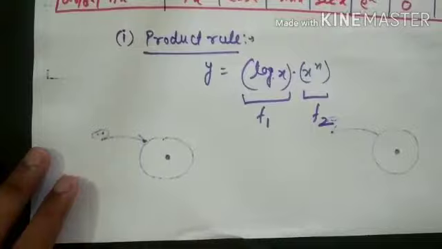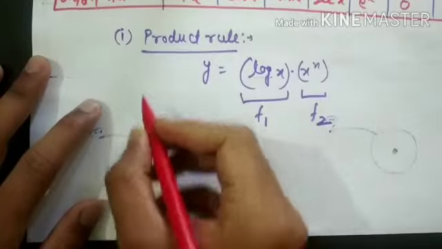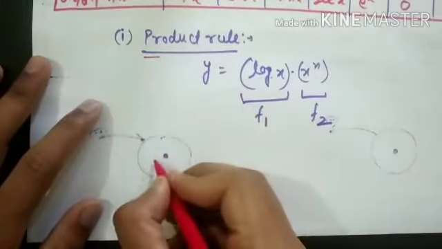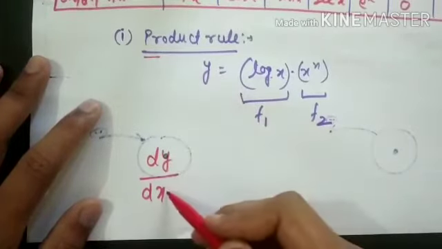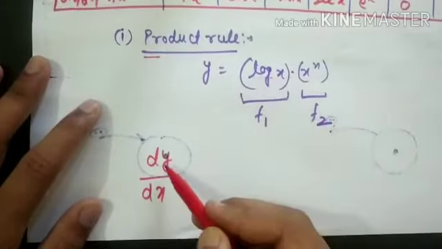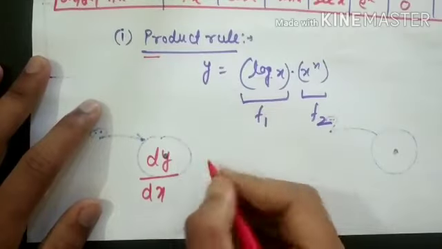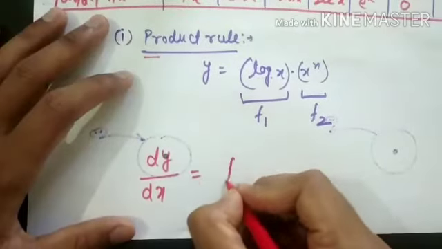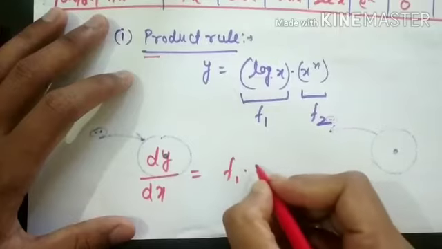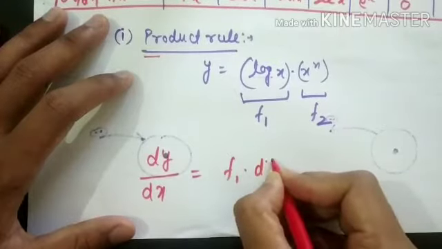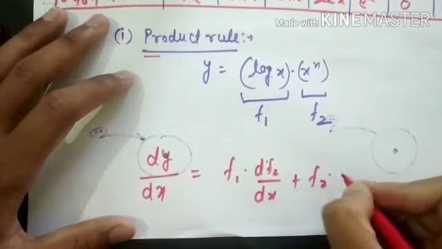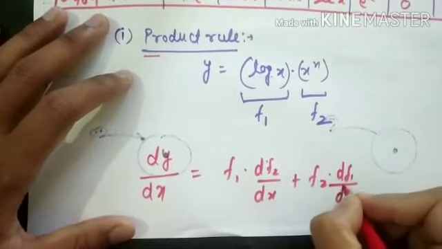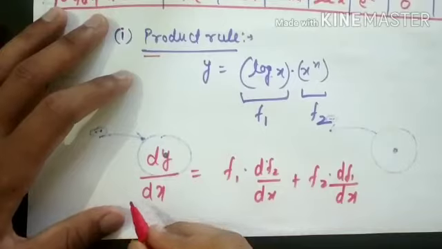According to the product rule, the differentiation of y with respect to x, because both are functions of x, will be like this: first function into differentiation of second plus second function into differentiation of first. So this is the basic product rule.